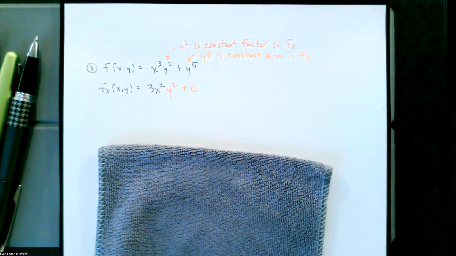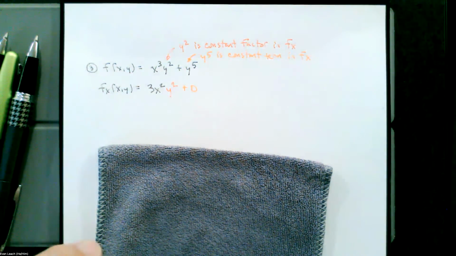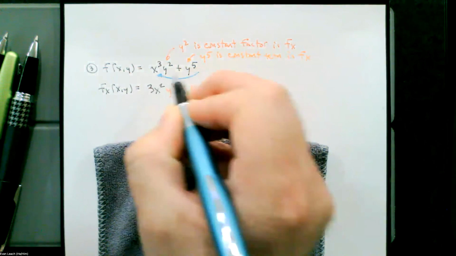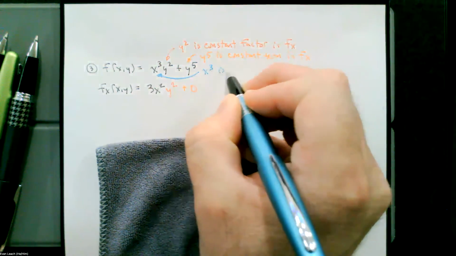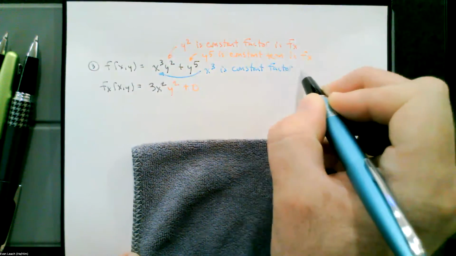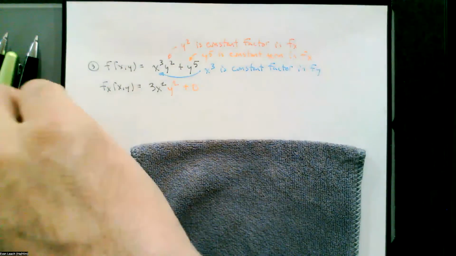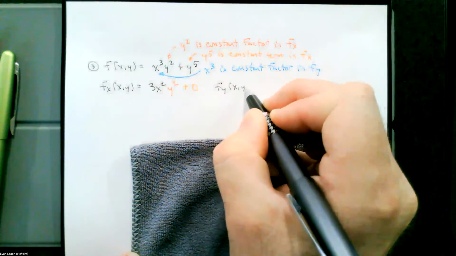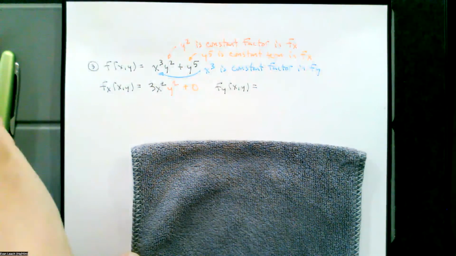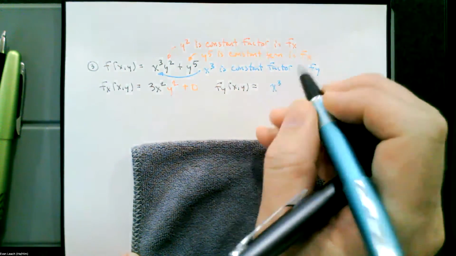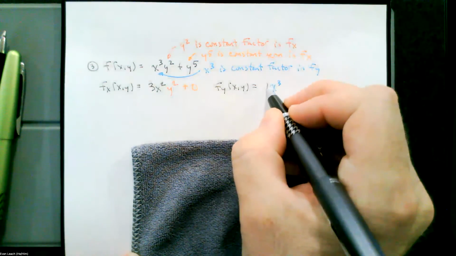When we switch over to fy, x to the third is a constant factor in fy. So when we find fy of x, y, the x to the third just gets carried along because it's a constant factor. This is what we do with constant factors. And we take the derivative of y squared, which is 2y.